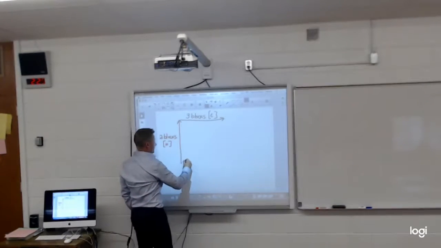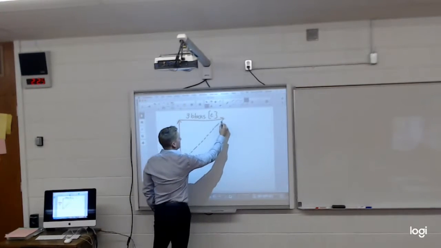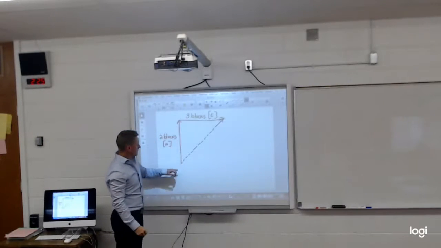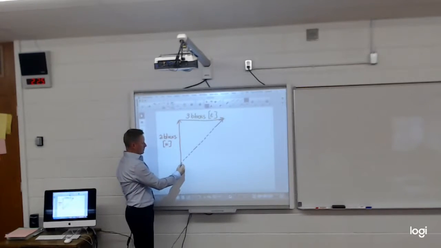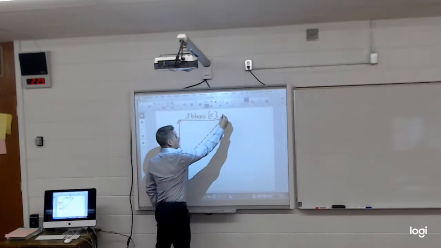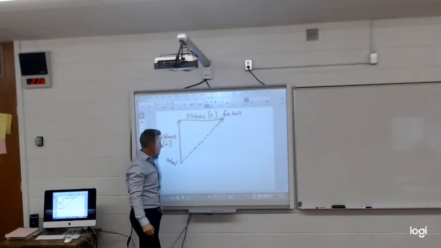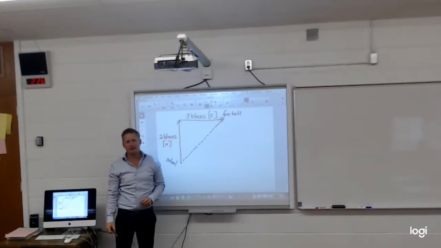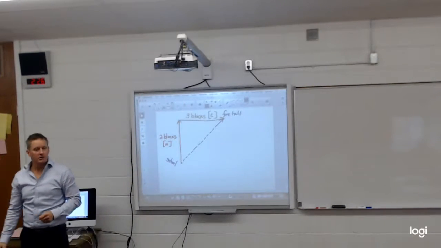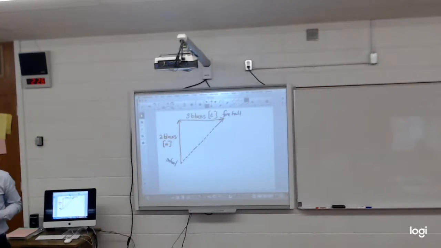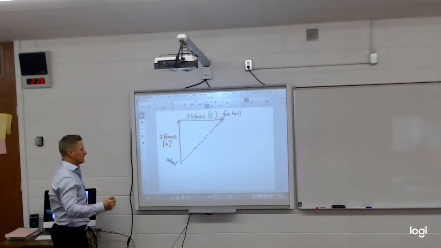So I'm going to use this triangle I have created. Notice I'm still starting right in front of the school here. This is the school. Here's my fire hall up here. So you have to explain, how do I go from there to there? The first thing I do is use Pythagoras' theorem. 2 squared, 4. 3 squared, 9. Square root of 13. How much in your calculator, please?